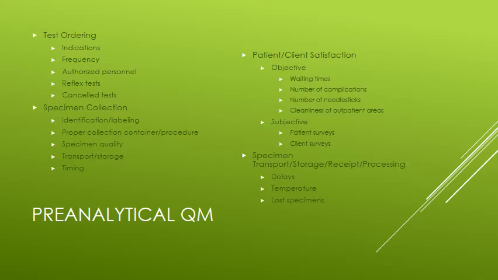Well, with the test ordering, for example, how do we control, what role do we have in ensuring that the best tests are ordered for the patient conditions that we see? Well, ensuring that the doctor understands the indications for the particular test that's ordered, whether it's the right kind of specimen, whether it's the right kind of diagnosis.